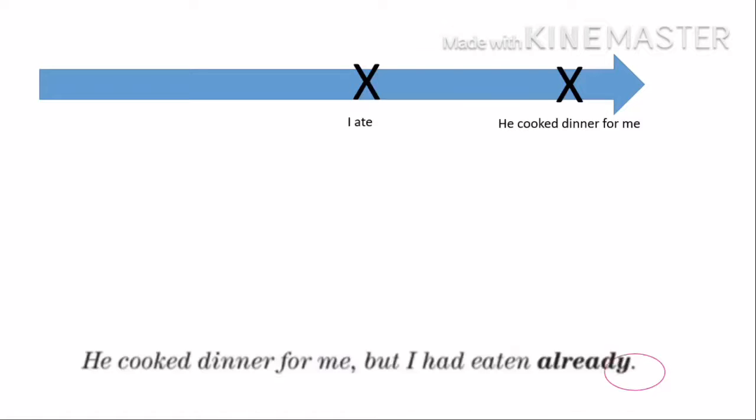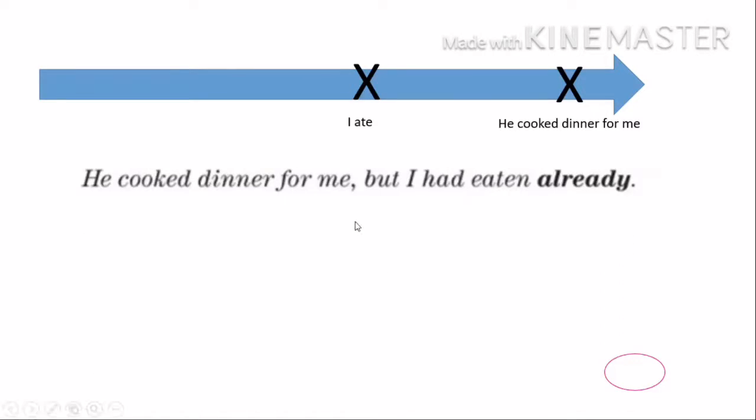Another example. He cooked dinner for me. This is a simple past action, but something happened before: I ate. So he cooked dinner for me, but I had eaten already. So the auxiliary had, the verb in past participle, and I'm having here another word, already.